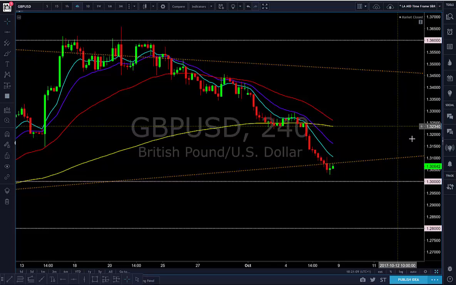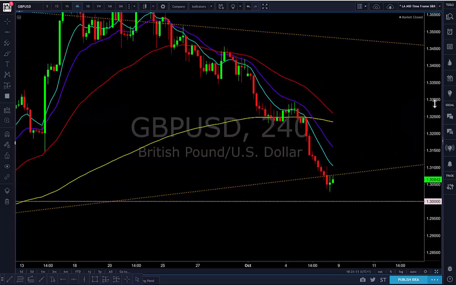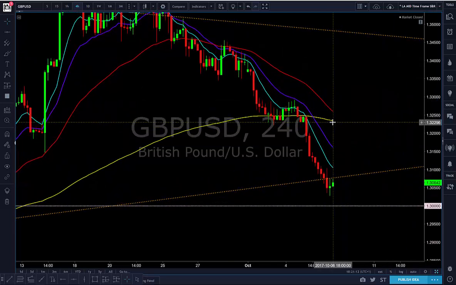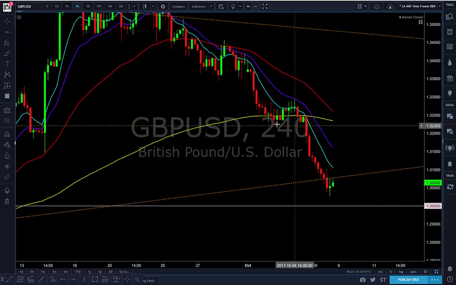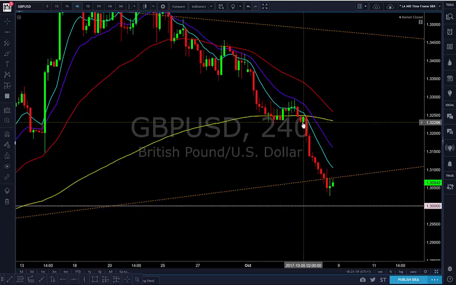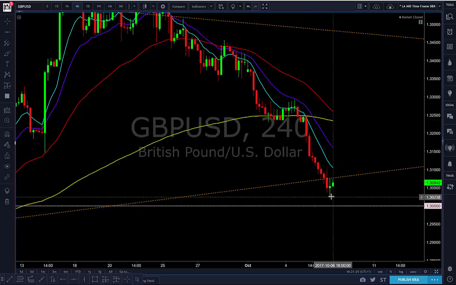There's also, I think this is probably something we should bear in mind, the 200 on the 4-hour, which also pulls into this little bit of a floor here. So this is also another one. So I'm going to give you 3 full levels of possible pullback areas. And in fact, I'm also going to say this might be one. It depends on the depth of the pullback.